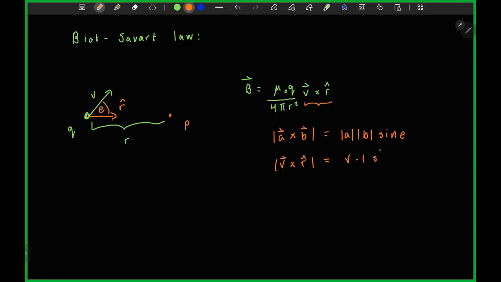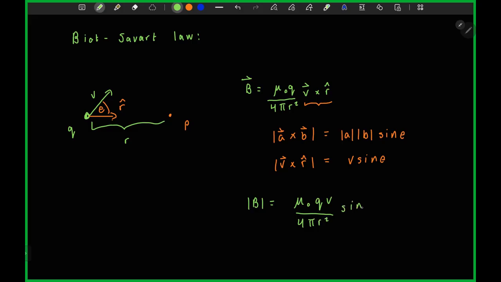So it simply becomes v sine theta. And so in magnitude, we can say that magnitude of B is equal to mu naught q v over 4 pi r squared sine theta.